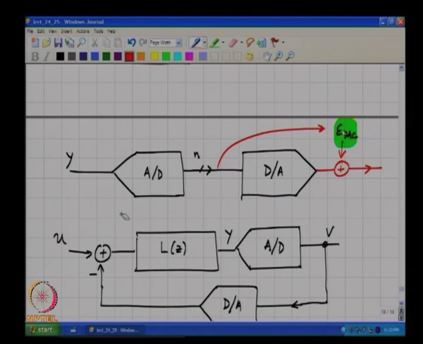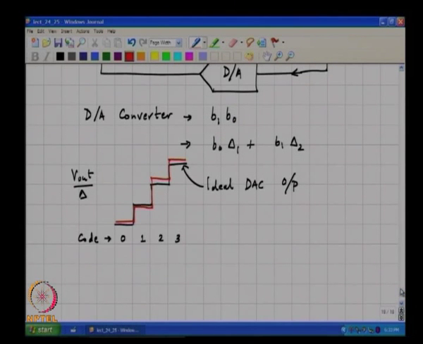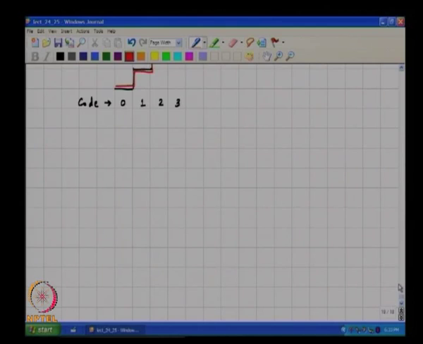Okay. Now, what do you think could be a problem with an A to D converter? What kinds of non-idealities? We have seen this before. So, basically the thresholds are not what you expected them to be, correct. So, an A to D converter basically has a transfer curve like this.